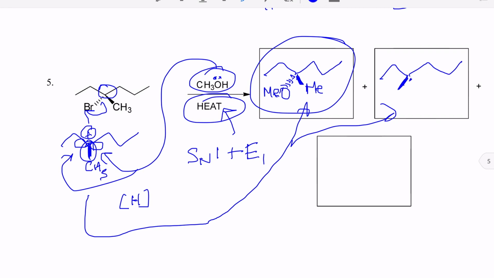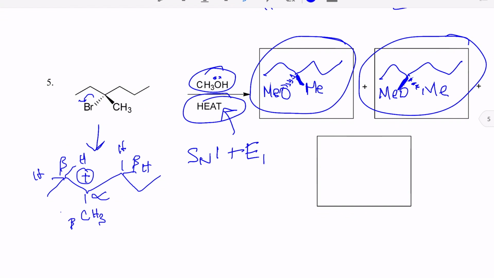So we are given the methoxide and the methyl group. So these are our first two products.